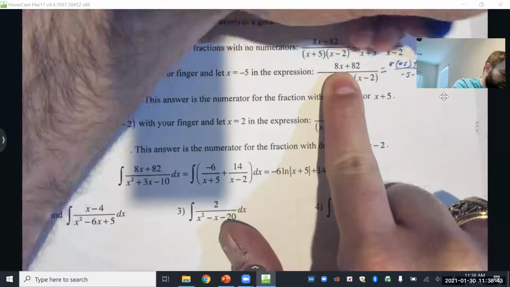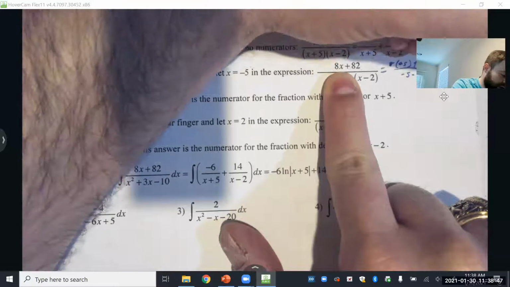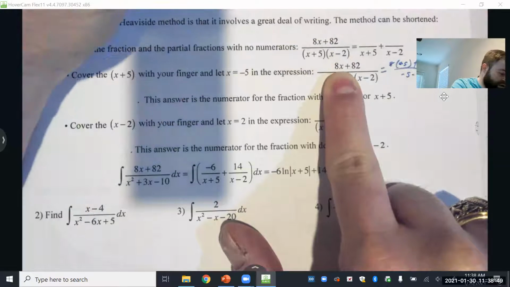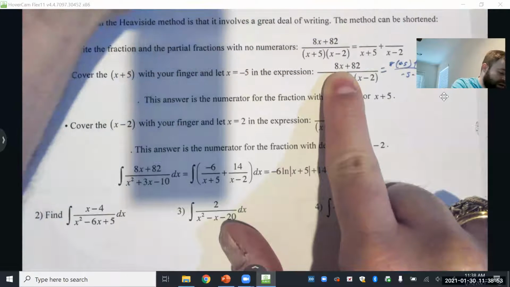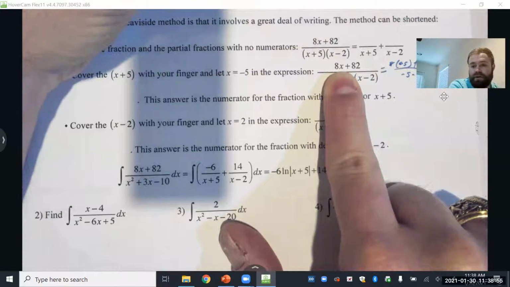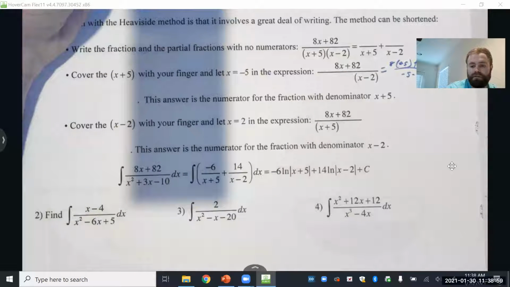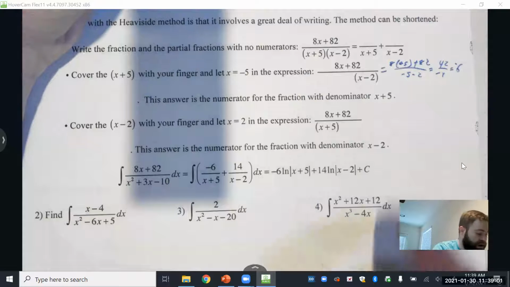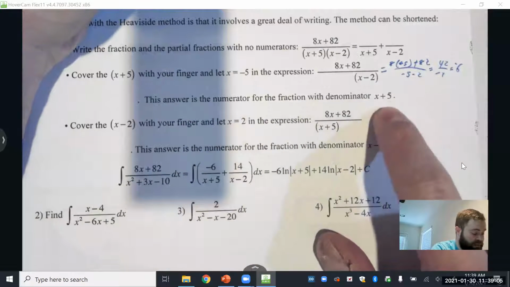So that ended up being 42 over negative 7, which was the negative 6. So that now gives us the number that goes above the x plus 5. This answer, move that down there. There we go. Is now the numerator for the fraction with the denominator of x plus 5.